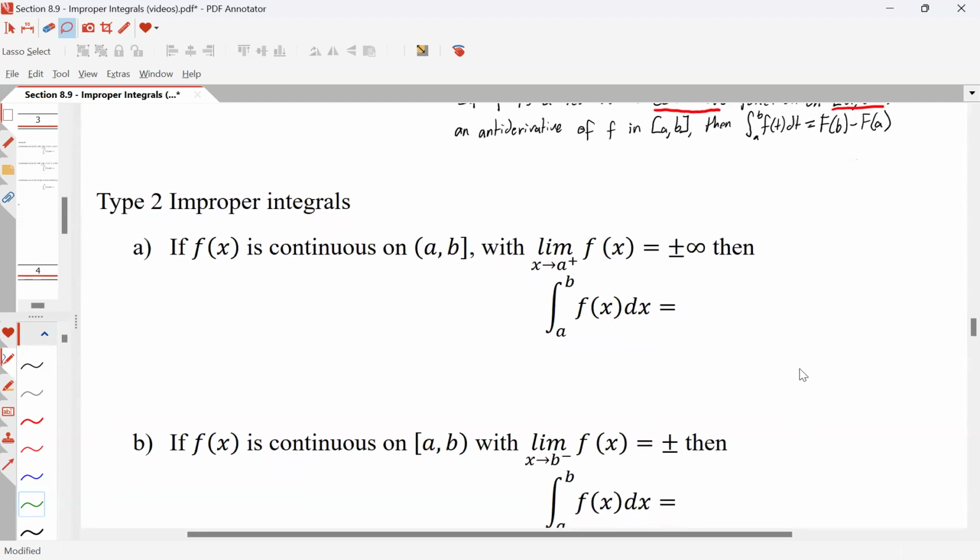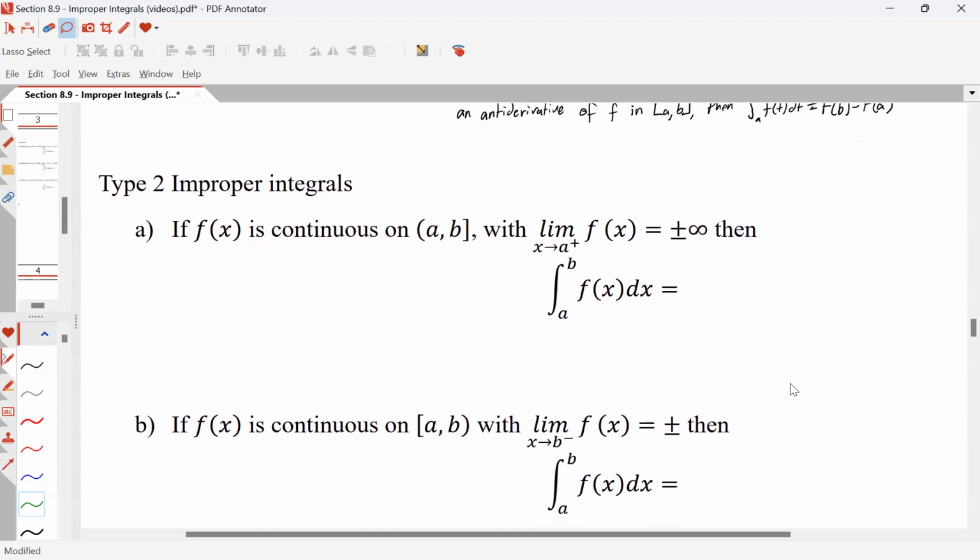And so that is type 2. So with type 2, suppose we have something that's continuous on most of the interval except for one of the endpoints. So endpoint, not continuous. And at that endpoint, the limit goes to plus or minus infinity, meaning there's an asymptote.